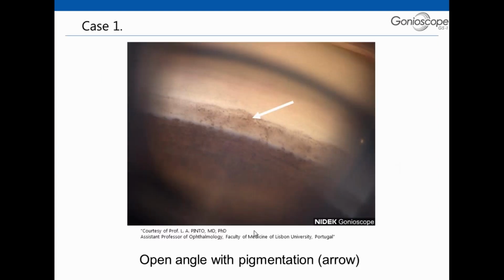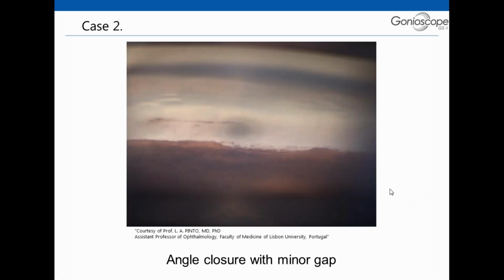And here I'm going to explain a few cases. This image was captured by Gonioscoop, and the case of open angle with pigmentation is this area. This is provided by Professor Pinto from Portugal. Another case is angle closure with a minor gap, which is this part.